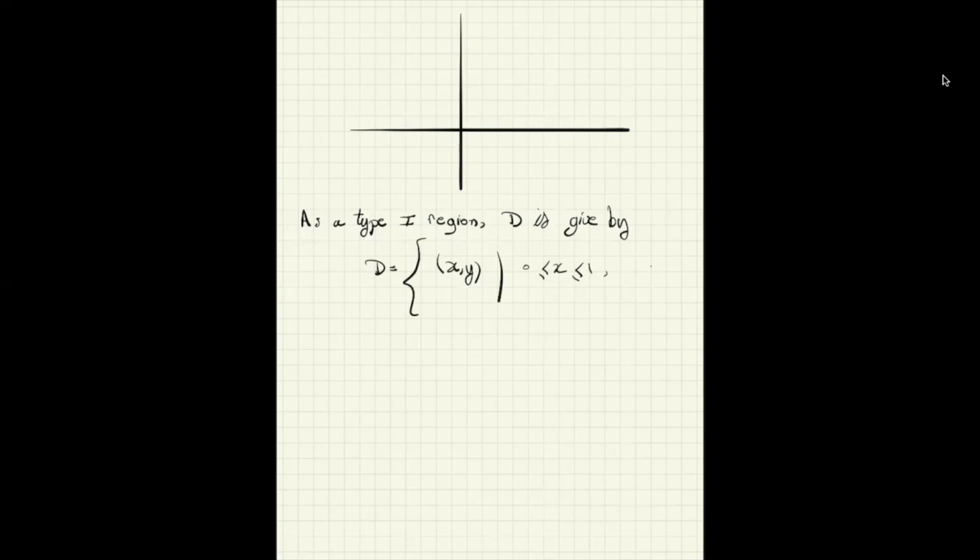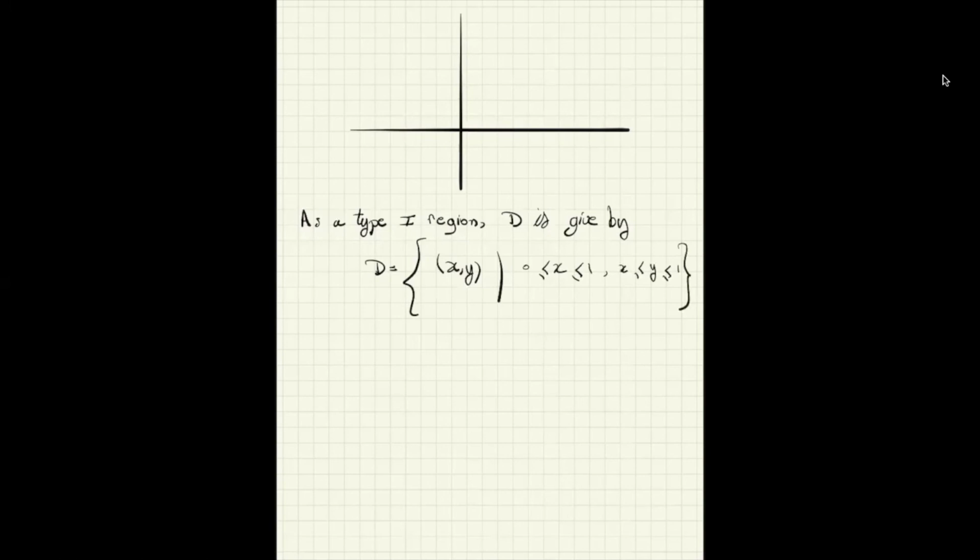So D as a type 1 region is given by: D is all the xy such that x is between 0 and 1, and then y is between x and 1, right?